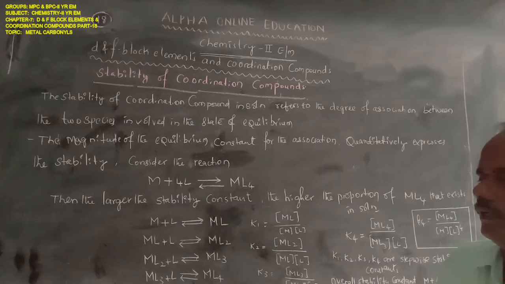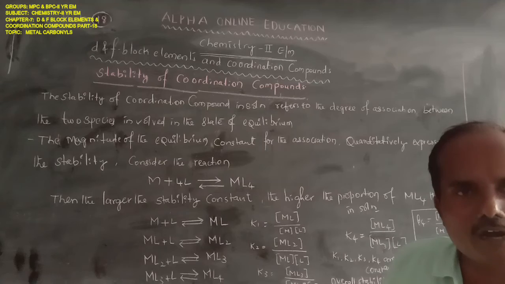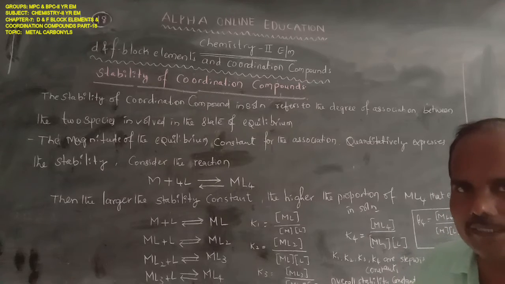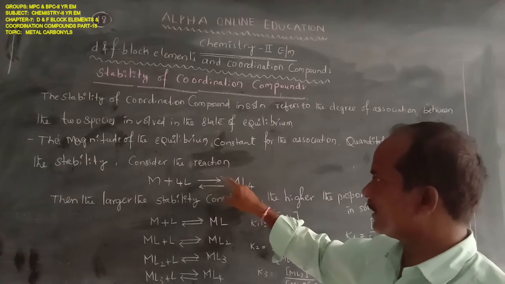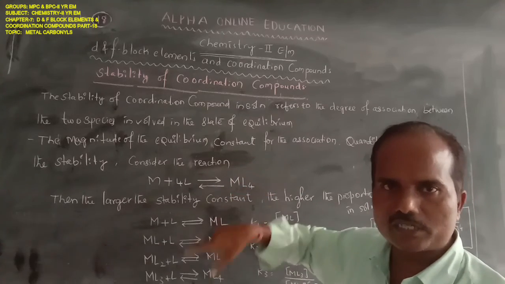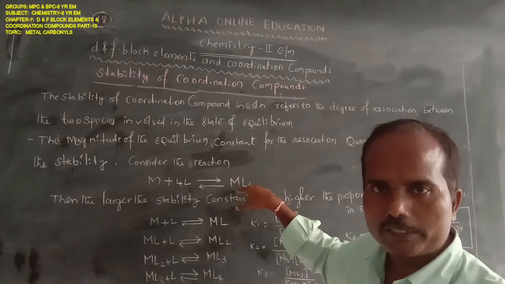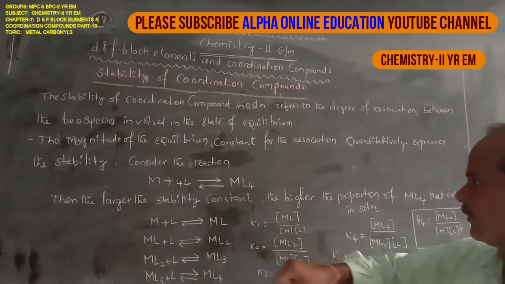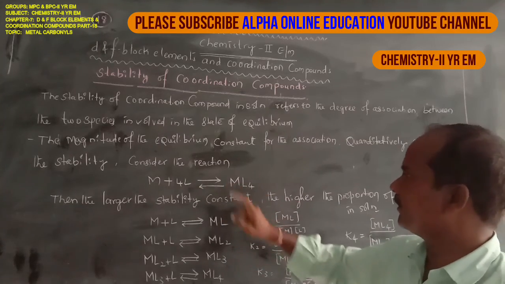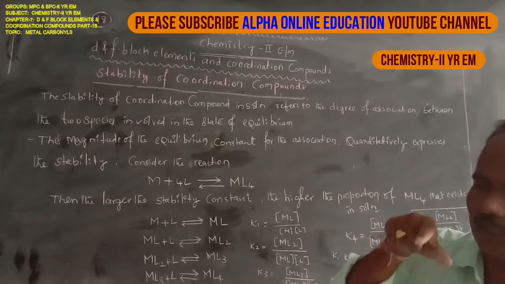How can you define the dissociation constant? It is the reciprocal of the association constant, or the reciprocal of the formation constant, or the reciprocal of the stability constant, and it is called the dissociation constant.